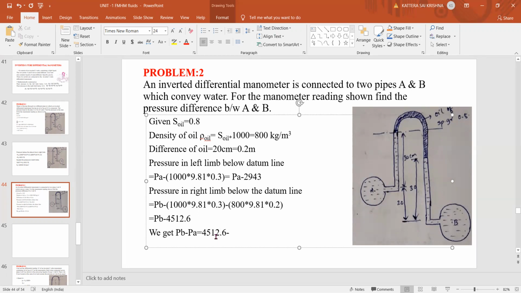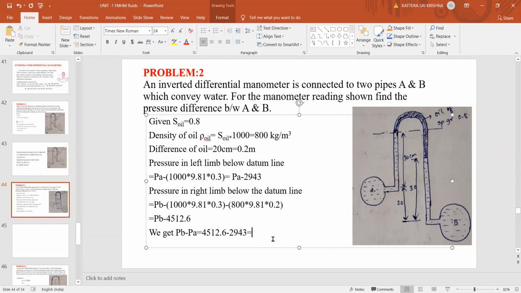4512.6 minus 2943. Okay, you can take anything, PA minus PB or PB minus PA. If you are getting PA minus PB as a negative value, later you can write PB minus PA equal to the positive value of that, because we are just finding the difference. We are not asking whether it is negative or positive.